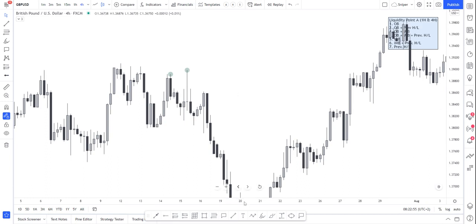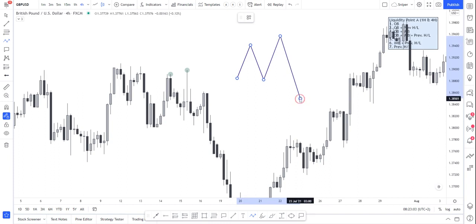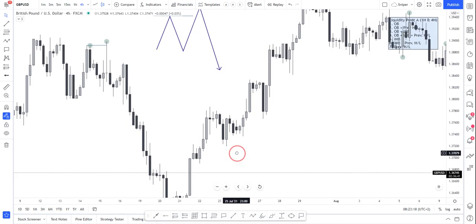What I mean by sweep is, when we have a high, we want to see price come back up, grab all the liquidity above it, and then impulsively move down. That is a sweep, when price took the liquidity above the high and then moved impulsively towards the downside. So you can see there, price took the liquidity above that high and moved down lower.